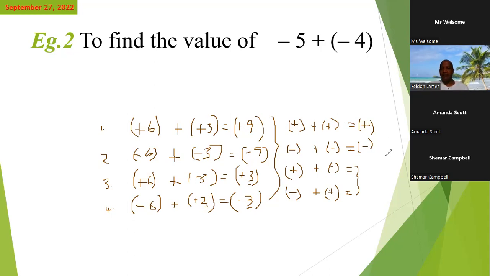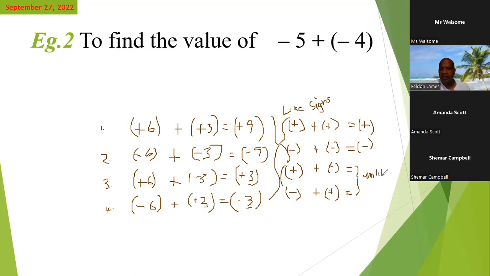But for scenarios 3 and 4, if the signs are not the same, so we are adding a positive and a negative, we call these unlike signs. So these 2 up here, we call them what? Like signs. And down here, when you're adding a positive and a negative, these are what we refer to as unlike signs.